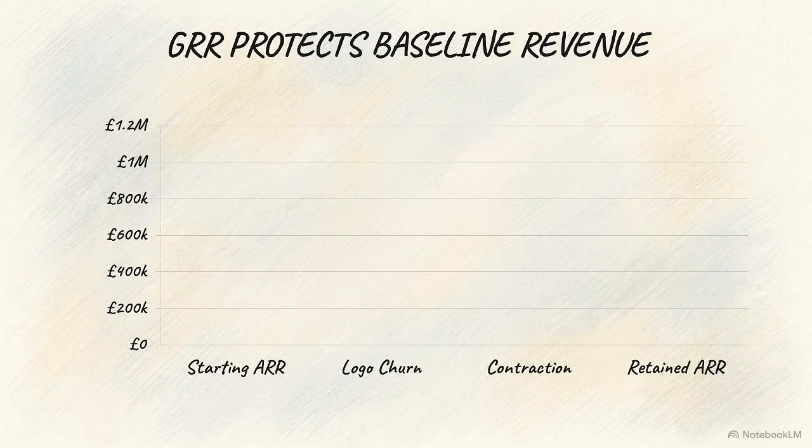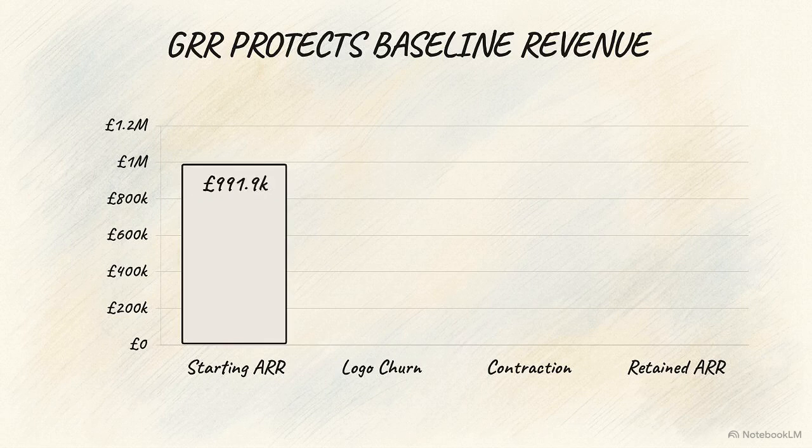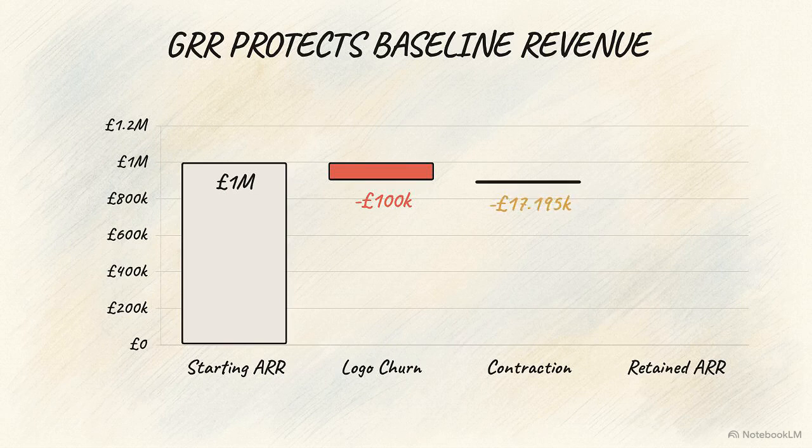This waterfall chart breaks down the math. GRR starts with our initial revenue, then subtracts churned revenue, and subtracts contraction revenue, dividing that final number by the starting amount. Here, we begin with a solid starting annual recurring revenue of £1 million. Over the course of the year, several clients cancel entirely, resulting in £100,000 of churned revenue being subtracted from the total.